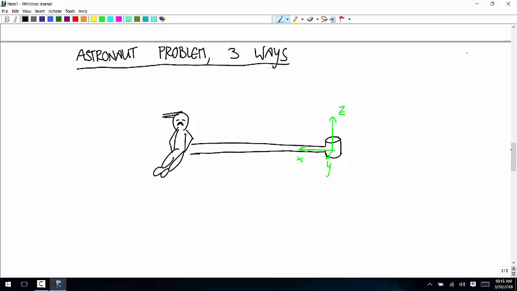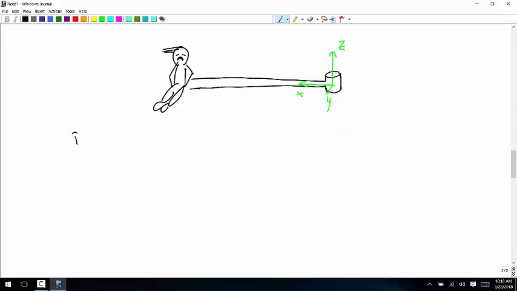The first time through, we're going to assume that the coordinate system is fixed at the hinge.